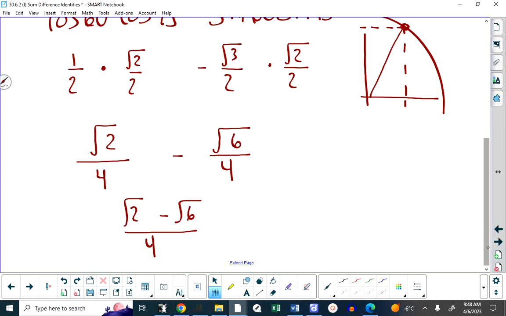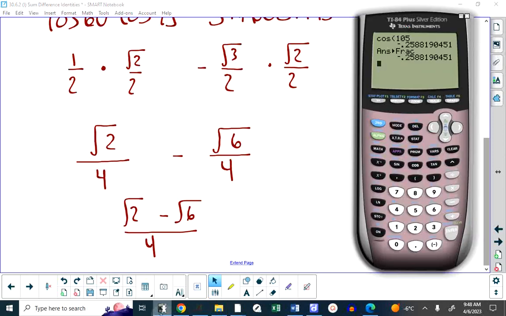We can check this now before I finish off my discussion of this problem by taking the square root of 2, closing the brackets on the argument, subtracting the square root of 6, and then dividing that result by 4, and we get that same number that we got when we just said, what's the cosine of 105?